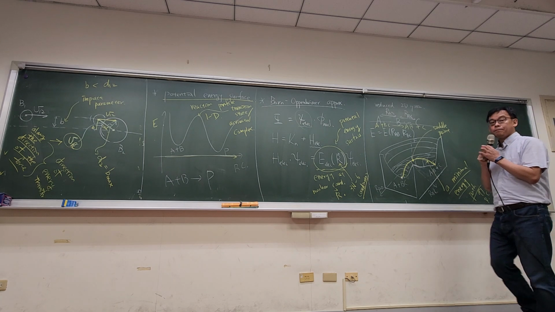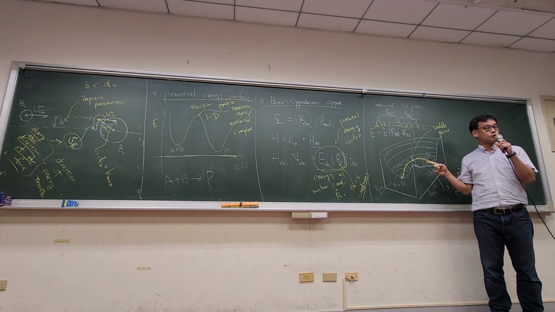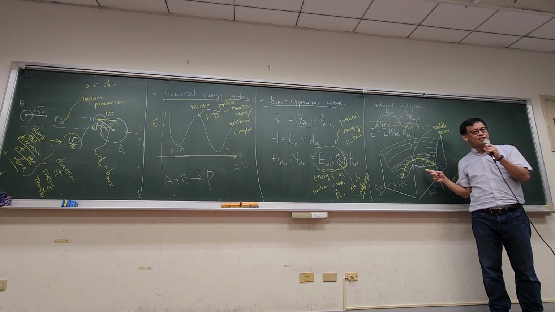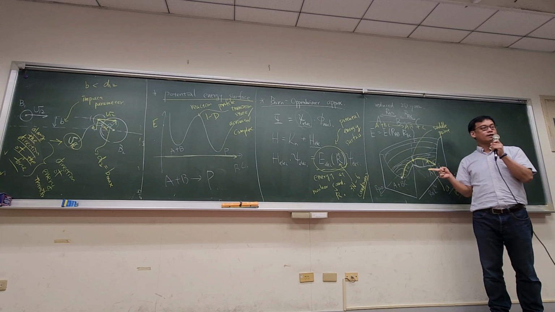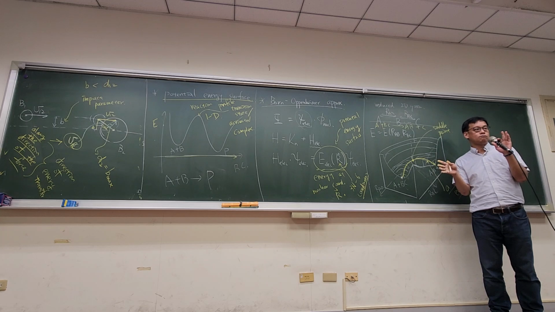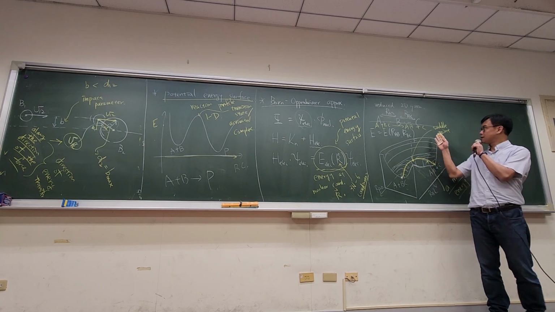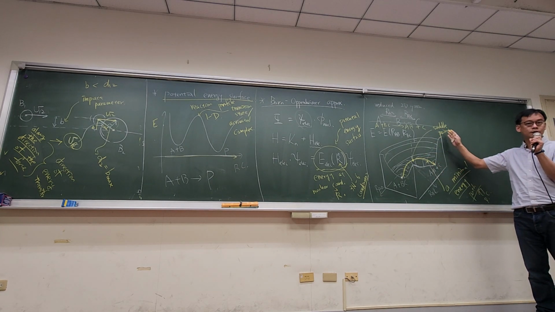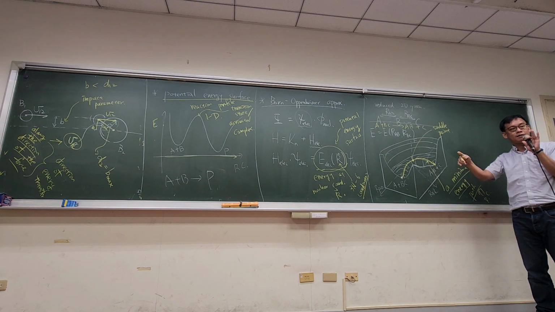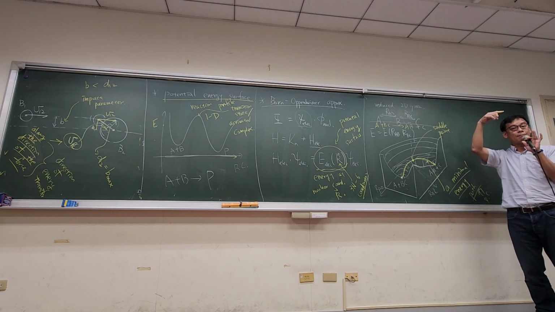In reality, there are many more dimensions. And there are many, many more possible paths. So from one point to another point, there could exist multiple minimum energy paths. The minimum energy path could travel through not a simple saddle point. Actually, simple saddle point means you have a one direction as maximum, but in all other directions you have a minimum.